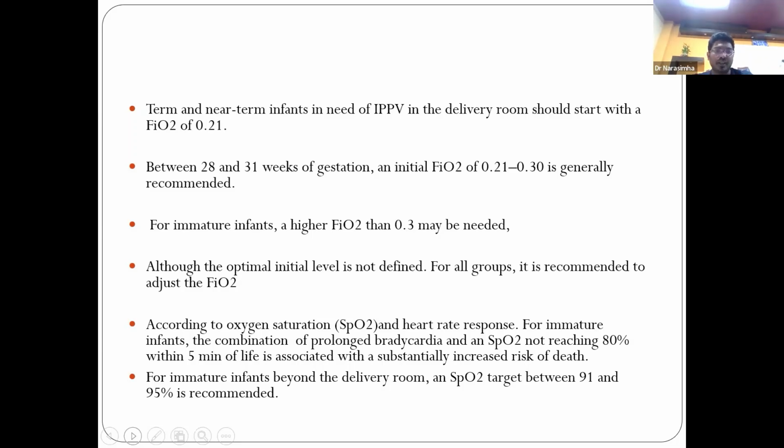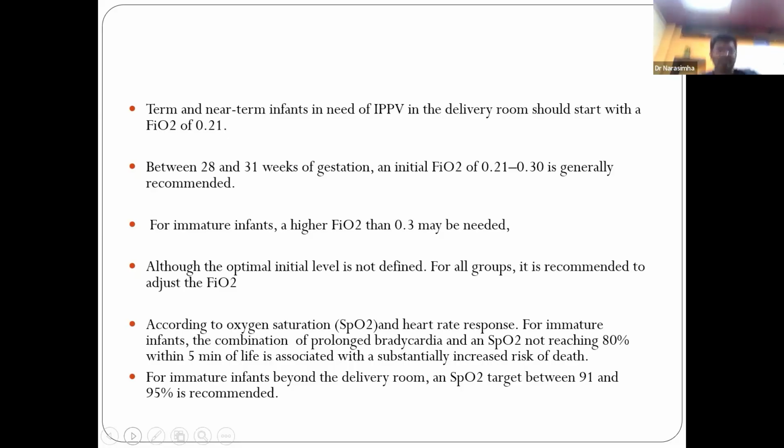For immature infants, a higher FiO2 than 0.3 may be needed. This point I'm going to explain in the last slides as well, because of how the higher FiO2 affects the outcome in the baby. Although the optimal levels are not well defined for all age groups, it is recommended to adjust FiO2 as per the condition, according to the oxygen saturation.